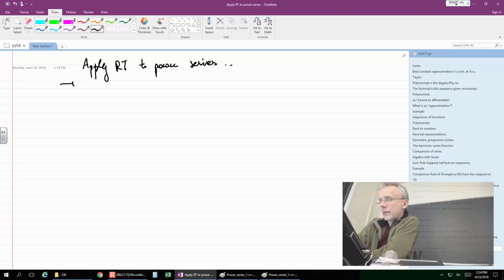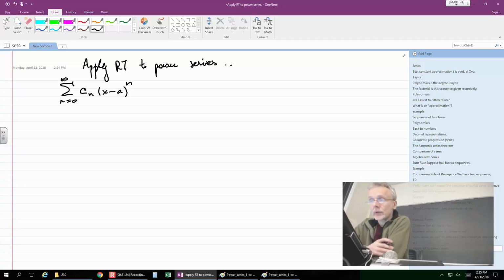So I have my series, say Cn (x minus a) to the nth power, a general power series. We do not discuss what function it is supposed to represent, because we want to go back and forth from functions to their approximations or representations by power series and then back. This is just a sequence of numbers, and now if we apply the ratio test, we have a(n+1) over a(n), where a(n) is this term, Cn (x minus a)^n, the only difference being that it depends on x.